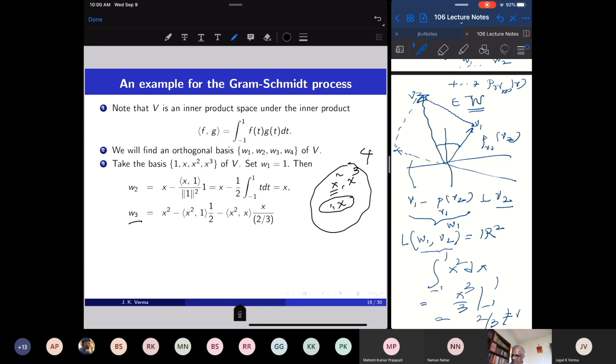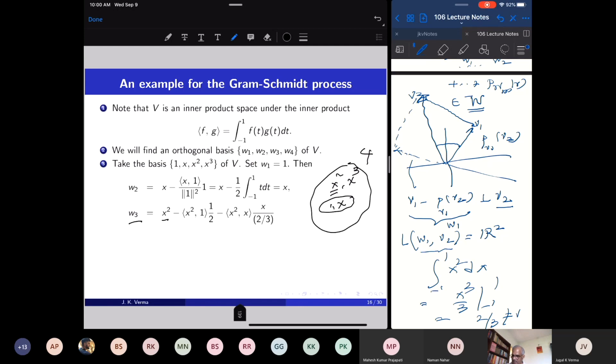What is the method? Take x square, take its projection along 1, take its projection along x, and add those projections. Then I will get a vector inside this 2-dimensional space which is spanned by 1 and x, and from x square I subtract this projection of x square onto the subspace spanned by 1 and x. And so that is W3.